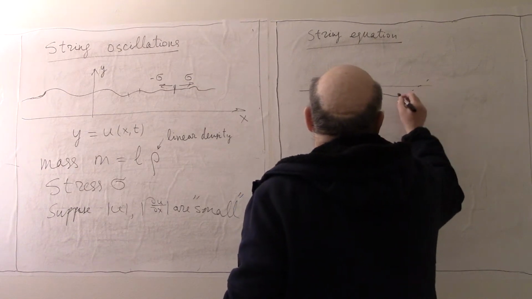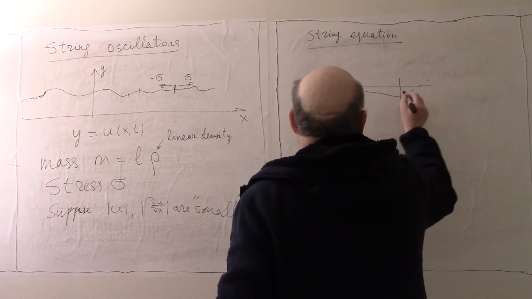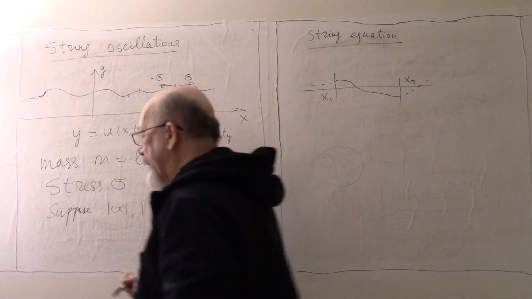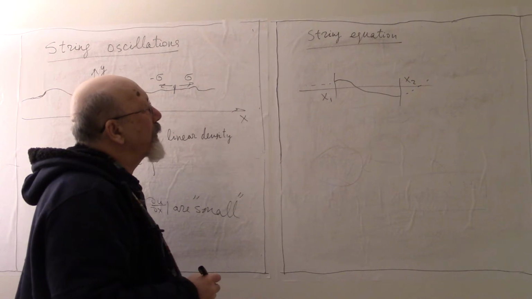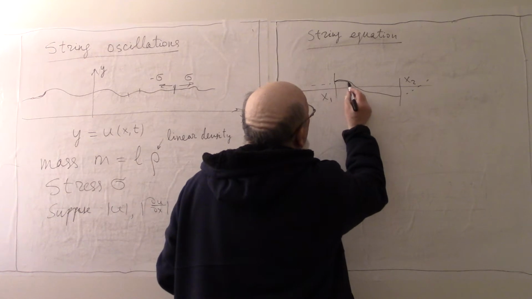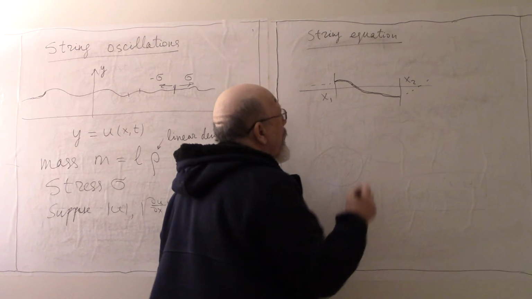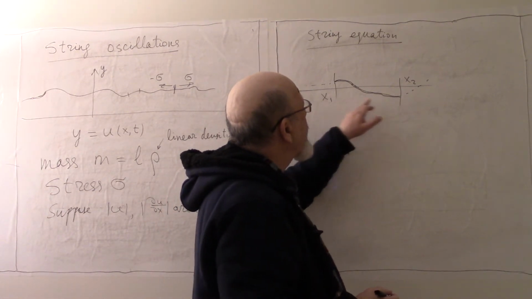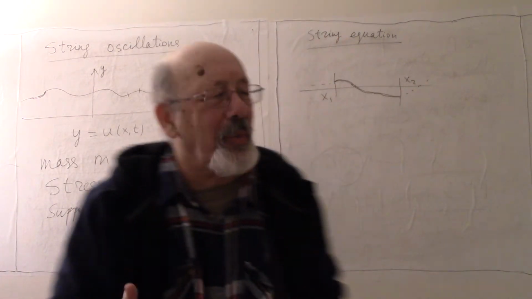This is a piece of a string between 2 points with coordinates x1 and x2. And consider the momentum of the piece of the string between these points. This part is material, it has some mass. Its mass equals the distance between x1 and x2 multiplied by the linear density. So it is some material mass.